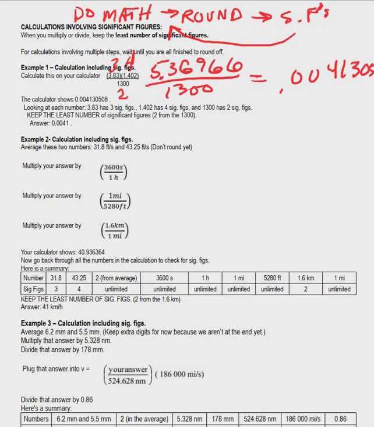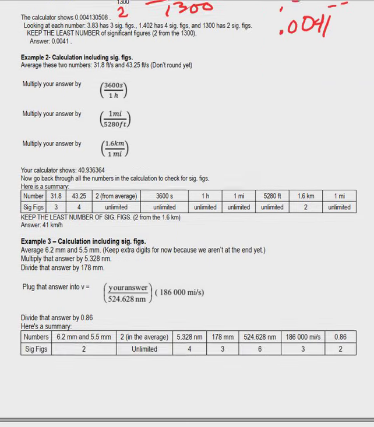So we go for the least number of significant figures. We start at the first non-zero digit and end at the last non-zero digit. We're throwing away 35. 3 is not larger than 5. So our answer is going to be 0.0041.